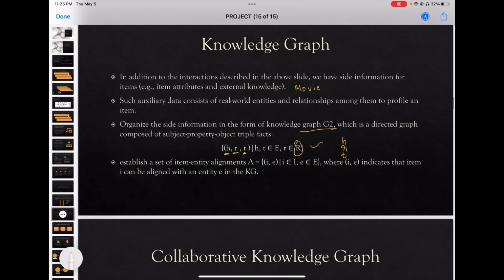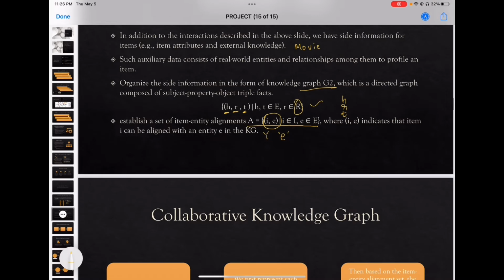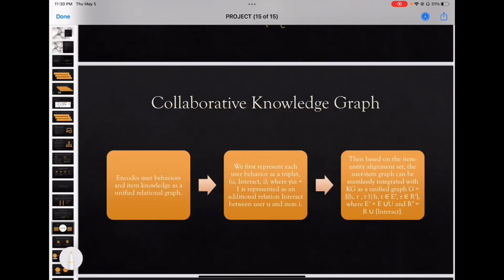Moreover, we establish a set of item entity alignments, where (i, e) indicates that item I can be aligned with entity E in the knowledge graph. The next thing we look at is the collaborative knowledge graph. Here we define the concept of CKG, which encodes user behaviors and item knowledge as a unified relation graph.